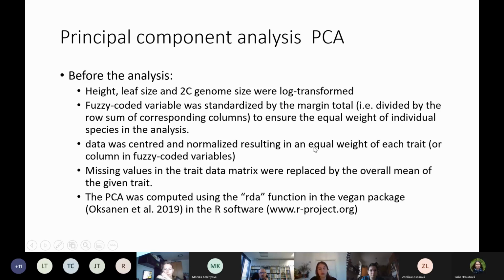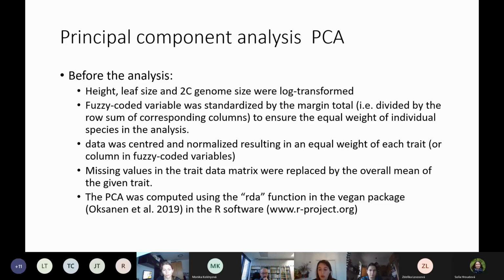So we would have an equal weight for each of the traits in the fuzzy coded variables. For example, growth form. Growth form is one trait that was separated in multiple traits. So we didn't want each one of these columns to have the same weight as a trait that only contains one row, as, let me see, carnivory.